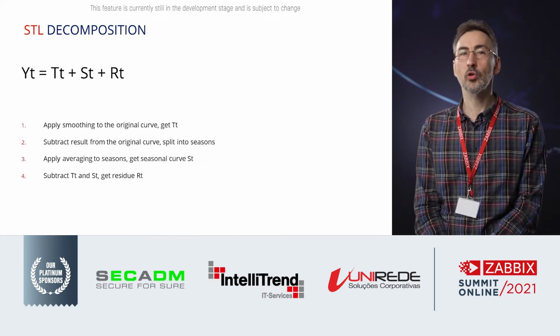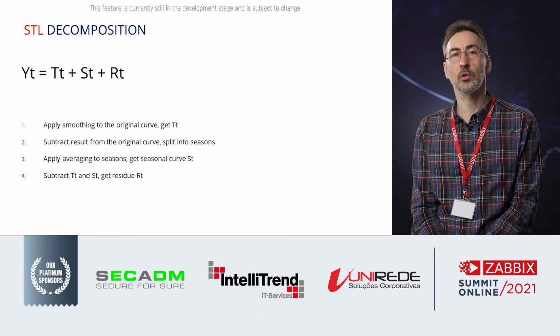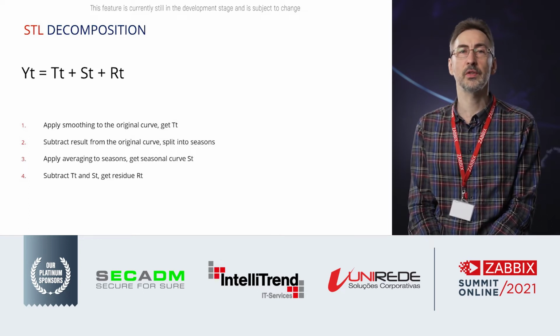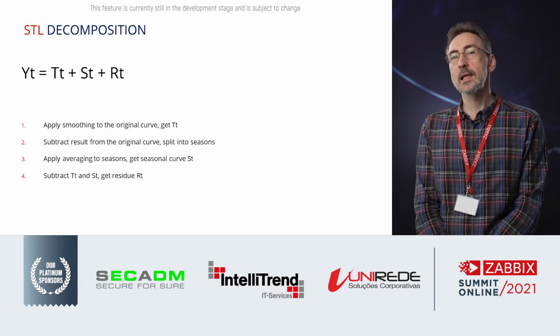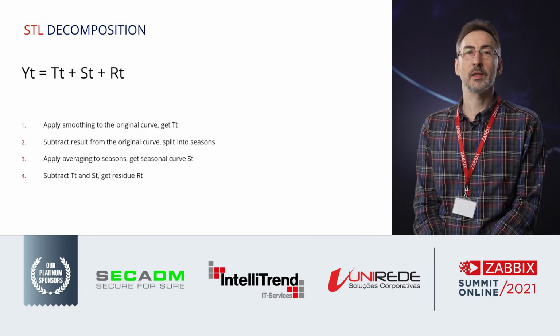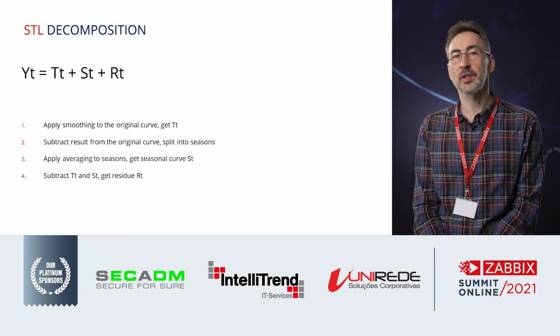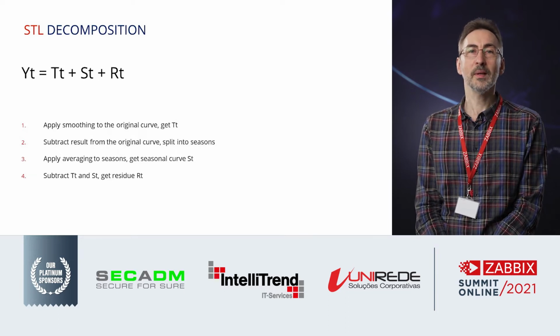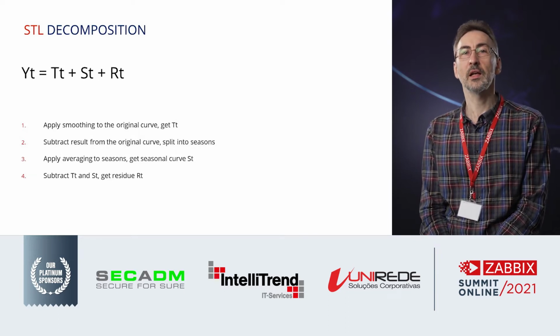Third, we average all values whose position is the same in the season's time coordinates and get the season curve. The final step is to get the remainder array by subtracting corresponding points of seasons and trend curves from the original one. The decomposition result looks like this.